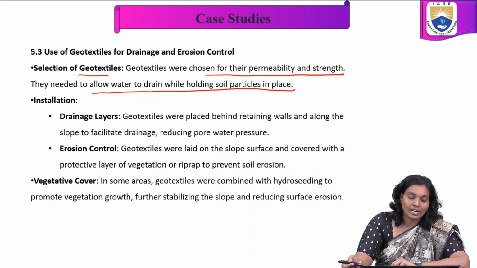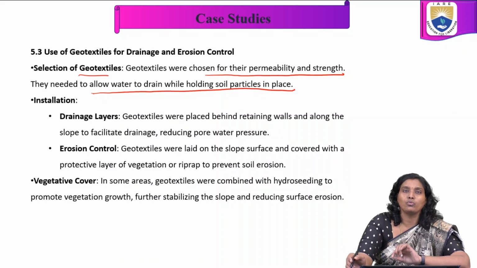For drainage layers, geotextiles were placed behind retaining walls and along the slope to facilitate drainage, reducing pore water pressure. For erosion control, geotextiles were laid on the slope surface and covered with a protective layer of vegetation or riprap to prevent soil erosion.